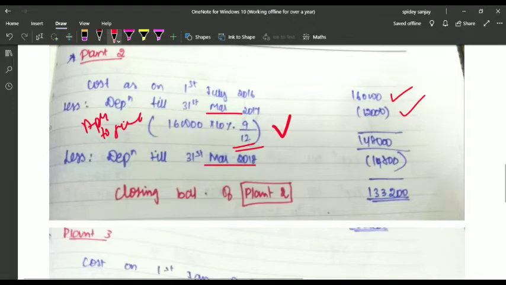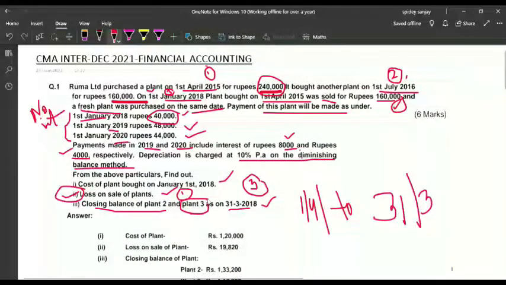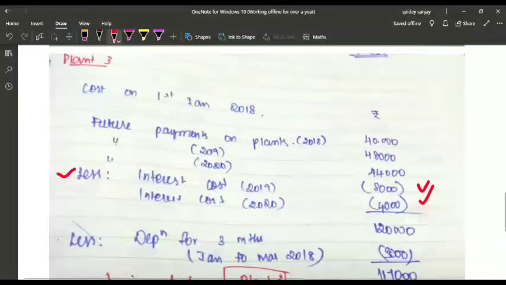Before calculating the closing balance for plant 3, we need to note that the cost includes the interest element. So we first take the future payments for 2018, 2019 and 2020, and reduce the interest cost from them. After reducing, we arrive at the cost of the asset.